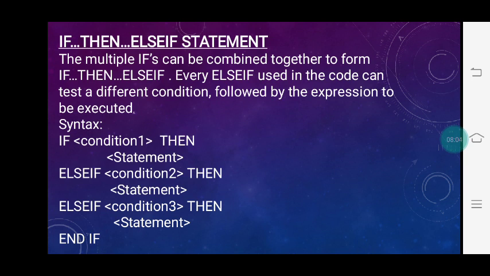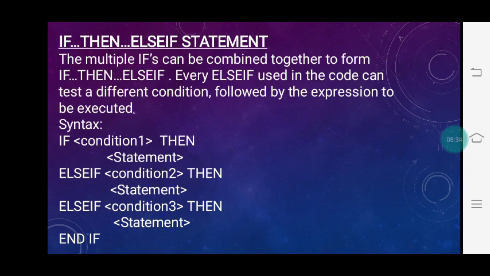Which means multiple conditions are given, a condition inside the condition. So let us see the syntax for it. If condition 1, then statement 1 will be executed. Else if condition 2, then the next statement gets executed. Else if condition 3, then the third statement gets executed, and at the end of the program, end if.